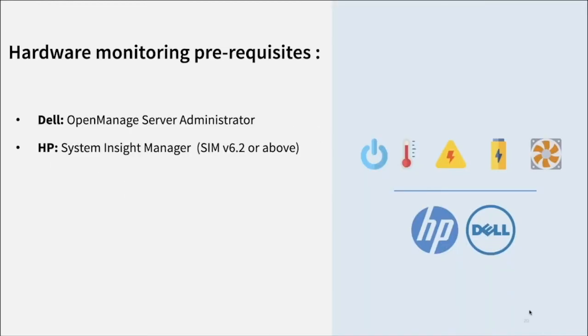Right here, you can see for Dell machines, all you need to do is have the Open Managed Server Administrator installed on your machine. And if you're talking about HP machines, then you will need the System Insight Manager version 6.2 or above for hardware performance parameters to be collected with Applications Manager.